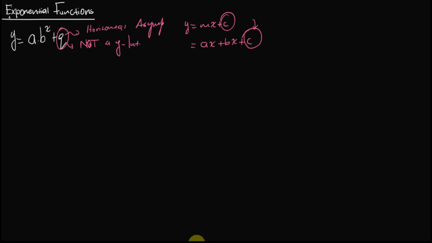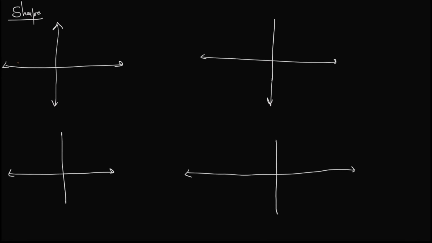Now we're going to go straight to the shape of the function. How does it really look? We're going to have four shapes of an exponential function, and I'm going to draw them. We have an exponential function looking like that, or looking like this.